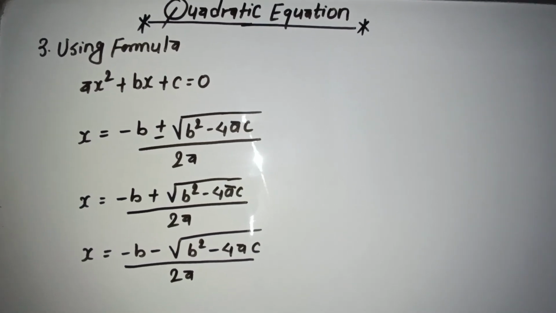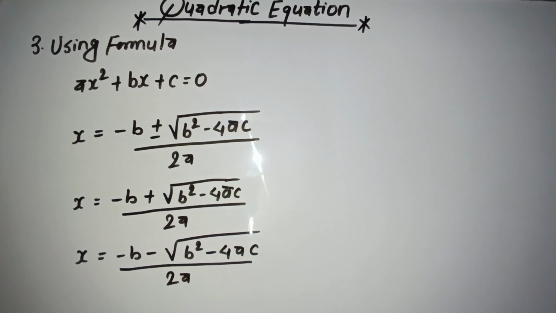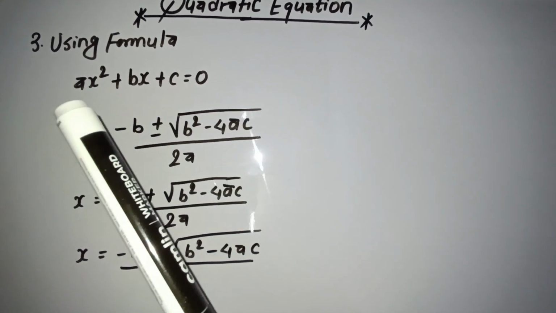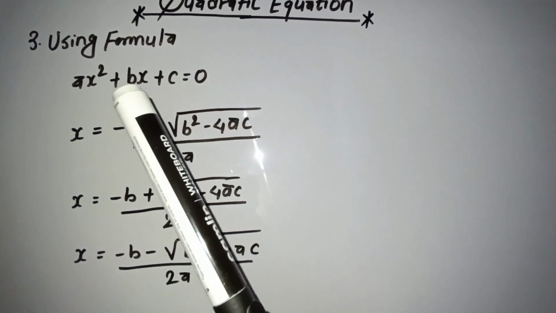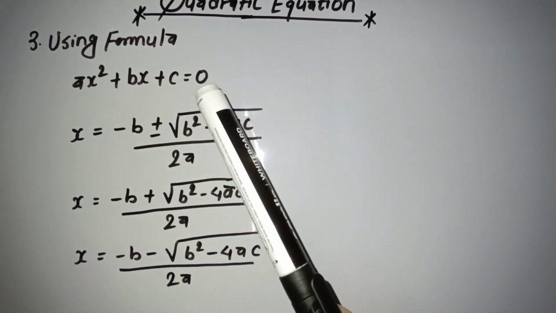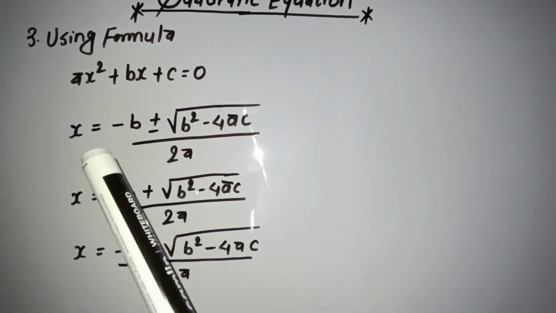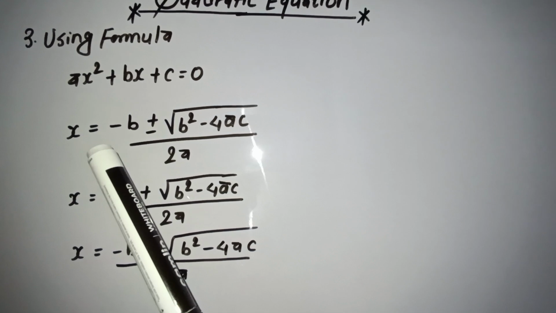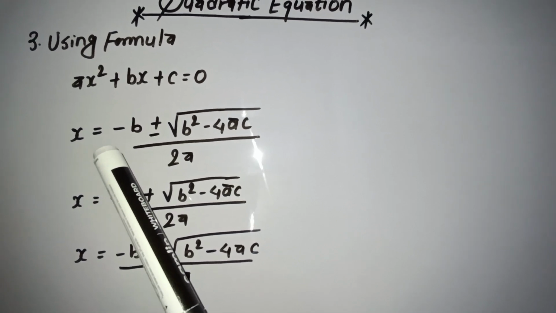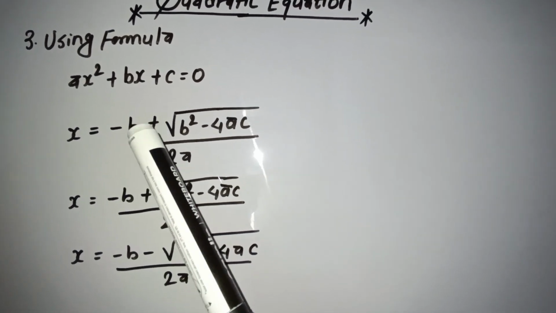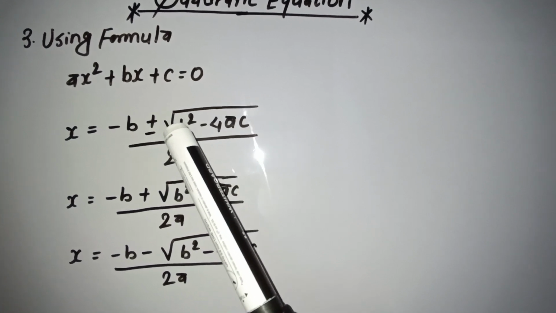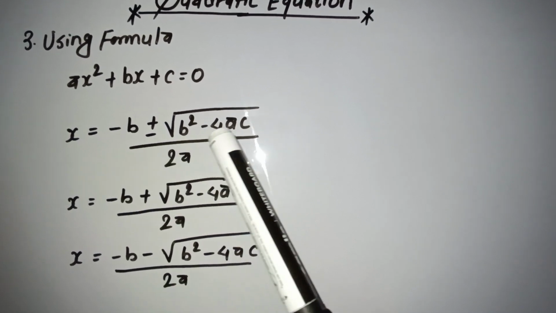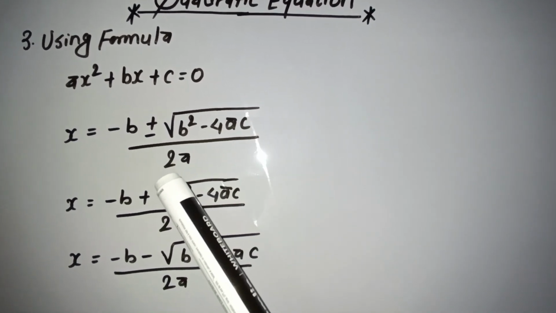We can solve quadratic equation by using formula. If we have a quadratic equation, that is ax square plus bx plus c is equals to 0, then we use this formula to solve the quadratic equation. That is x is equals to minus b plus minus under root b square minus 4ac whole divided by 2a.